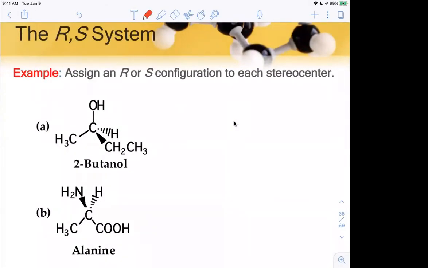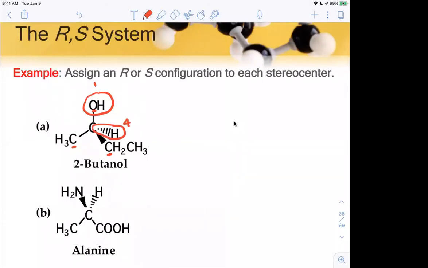So here's an example. This is pointing behind me, so this is okay. I have carbon, I have oxygen, I have carbon. This is going to be 1. This hydrogen is going to be 4, pointing behind me.